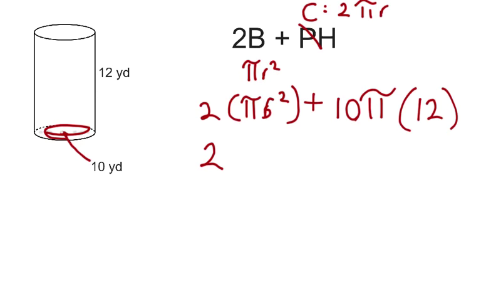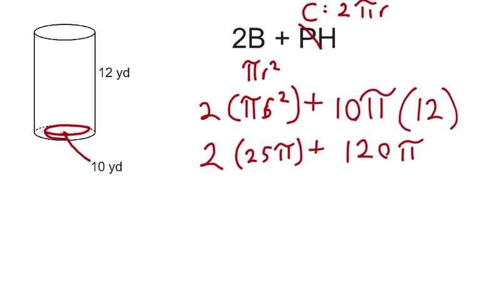5 squared, I know it's 25, so it's 2 times 25 pi plus 10 pi times 12 is 120 pi.